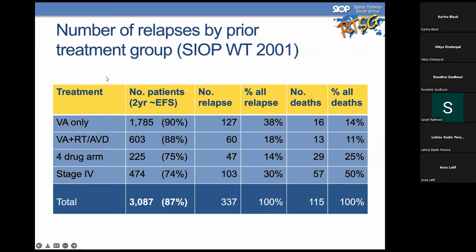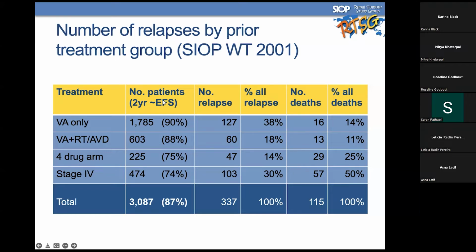And if we, for example, look into those patients according to the treatment they receive, there's a part of patients who receive low treatment with only 2 drugs. Others receive also 3 drugs or radiotherapy. Then there are high-risk patients with 4 drugs. And there are stage 4 patients, meaning patients with metastatic disease.